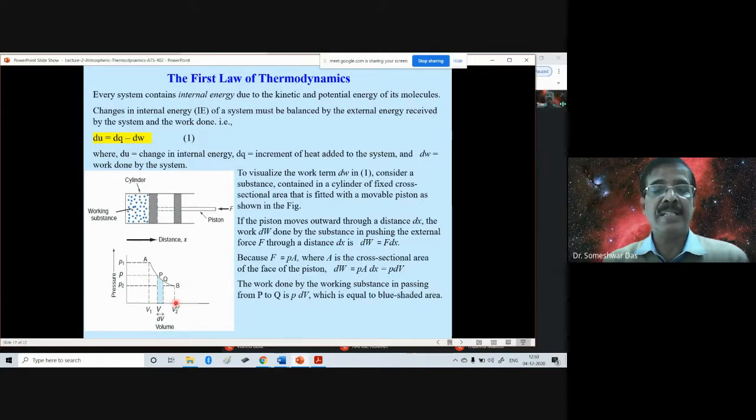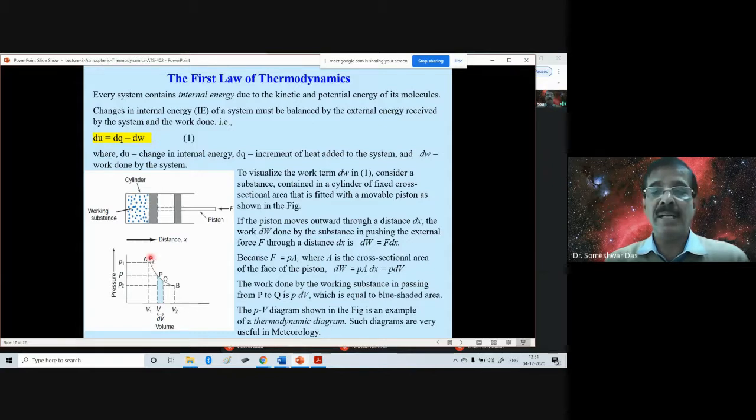So let us say the fluid or the substance is moving from the point P to the point Q, and the change in the volume by this process is dV, then the work done will be equal to this area, this shaded area. Let's say this is light blue shaded area, that will be the work done.